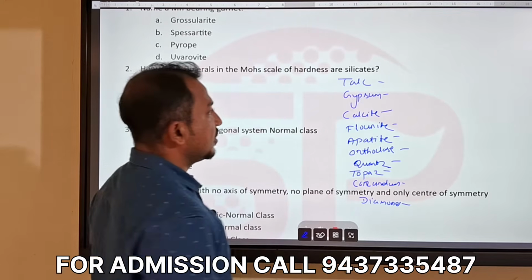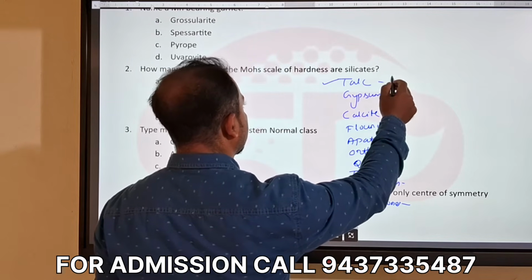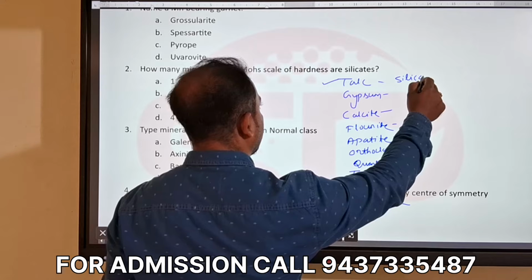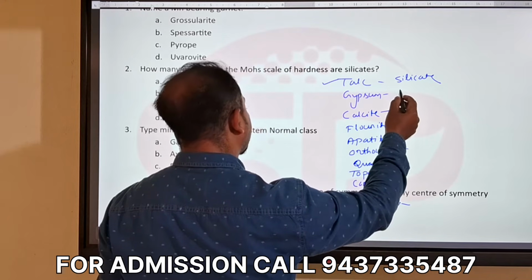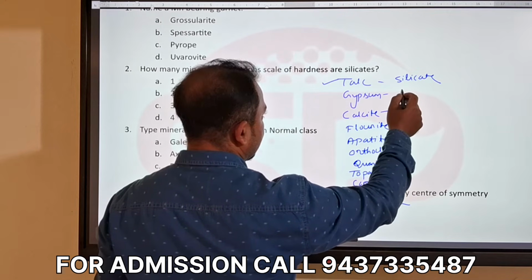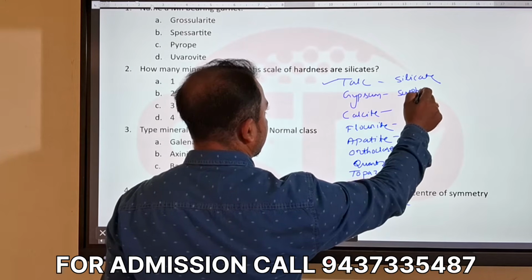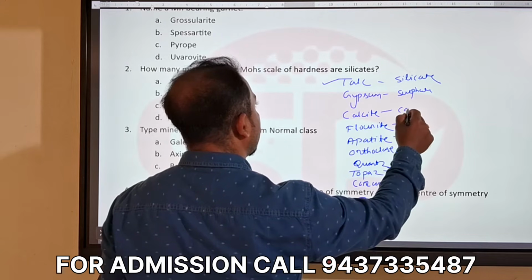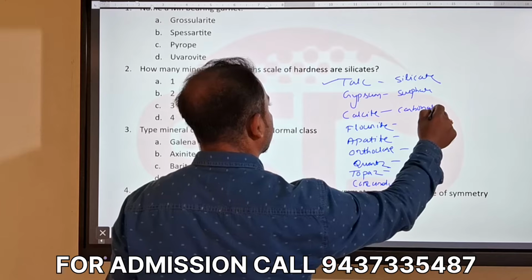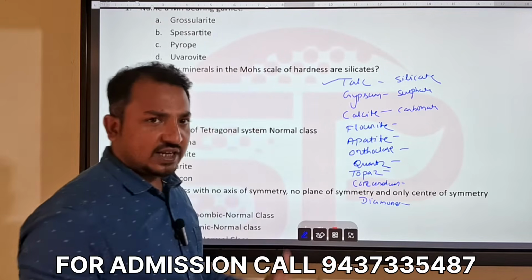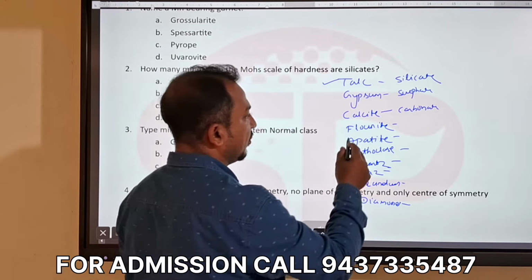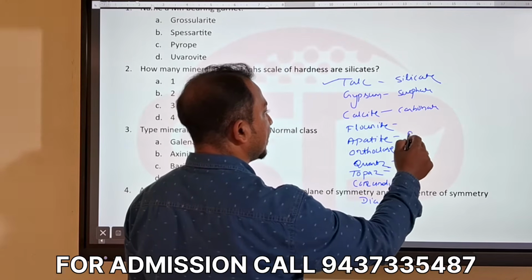So among these minerals, talc is a silicate. Gypsum is a sulfate, calcite is a carbonate, fluorite is CaF2, calcium fluorine, apatite is a phosphate.